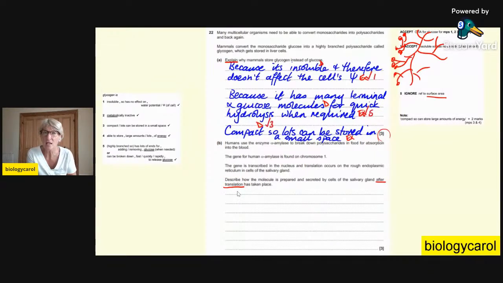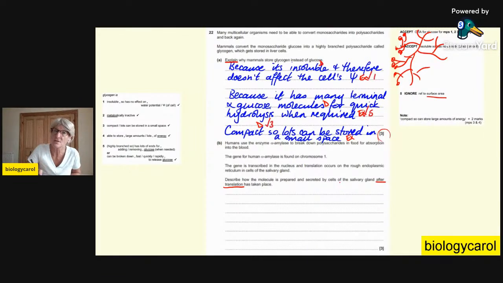If it's after translation, you are not talking about protein synthesis at all. You're not talking about transcription. You're not talking about translation. You're talking about what happens after that polypeptide has been made, what happens to it in the cell until it gets secreted by the cells of the salivary gland.